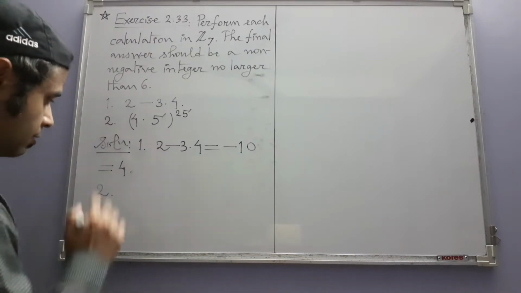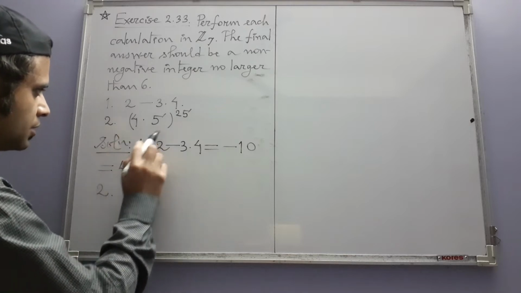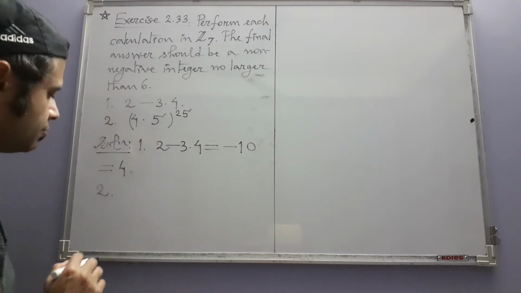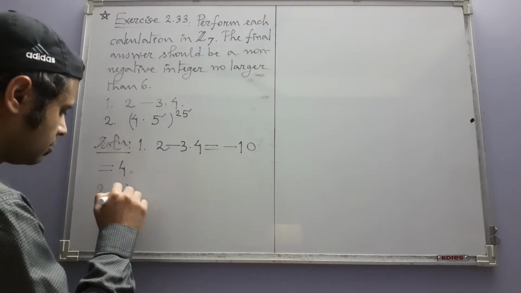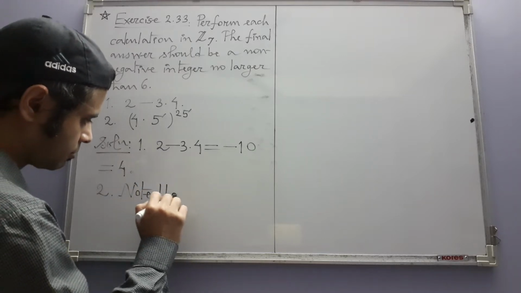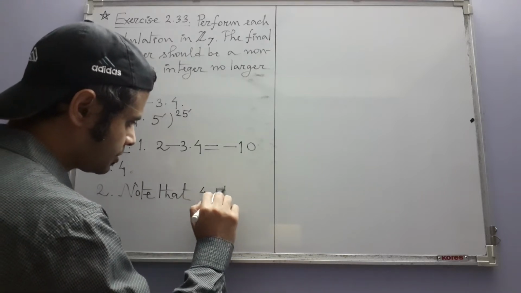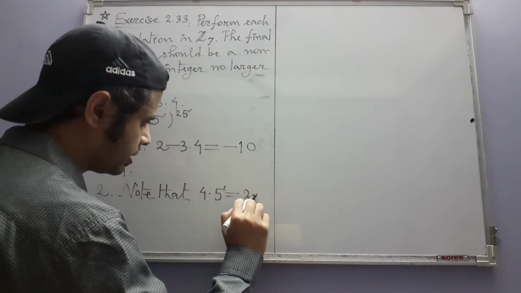Then for the second one, we do it in two parts. We first see what 4 times 5 is. Note that 4 times 5 is ordinarily 20.